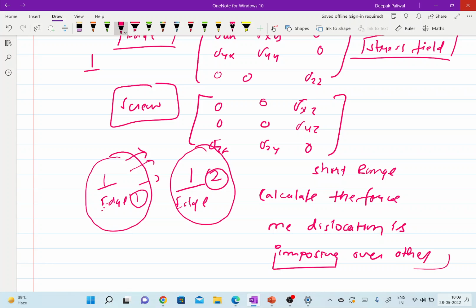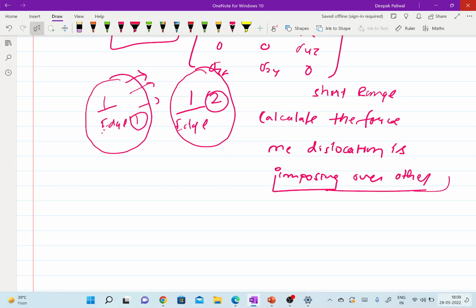And the dislocation interaction has a very important significance, because the dislocation interaction is what gives the strength in the material.